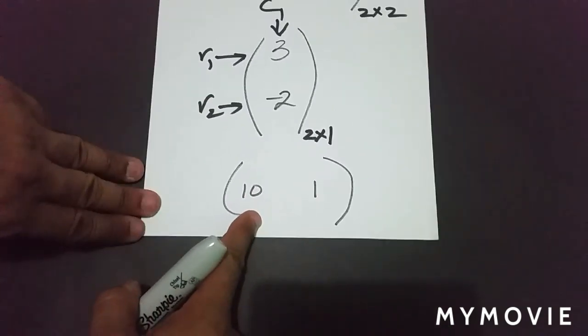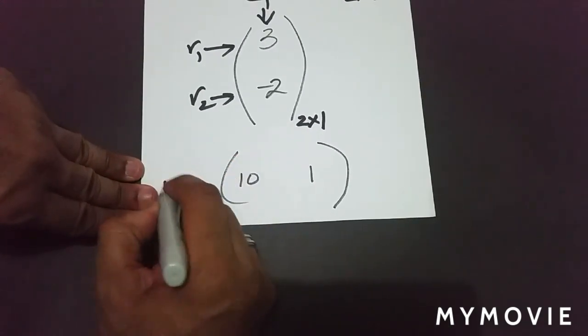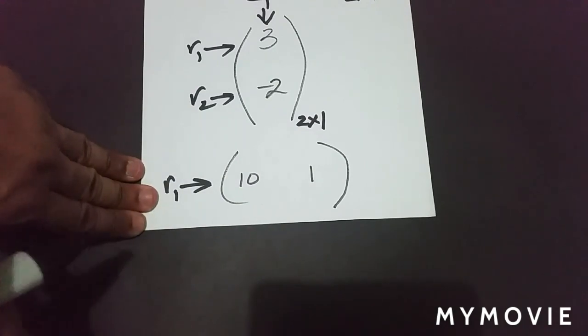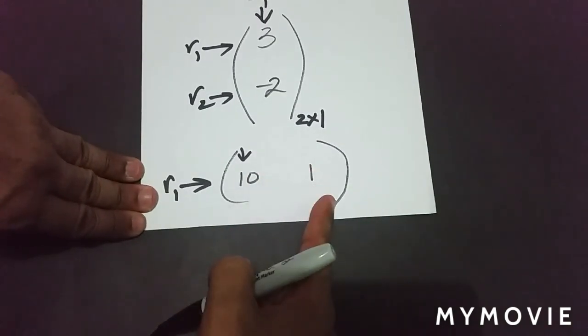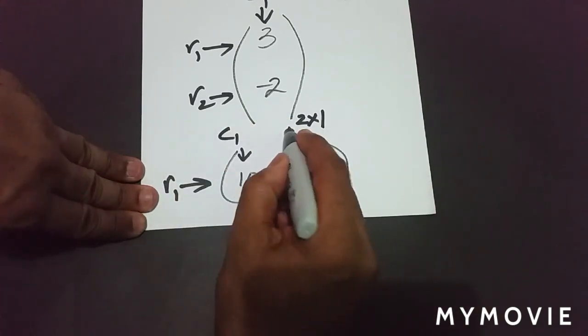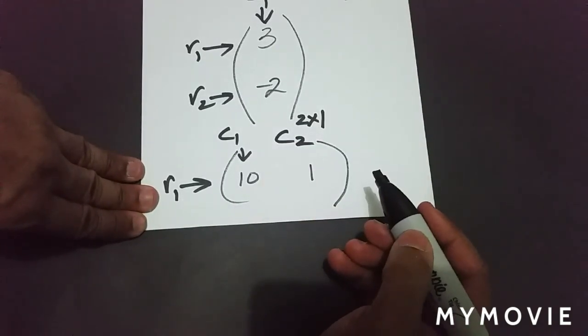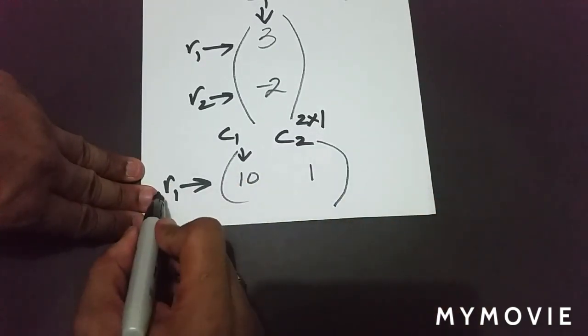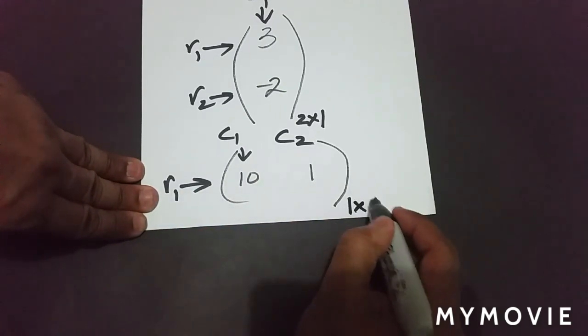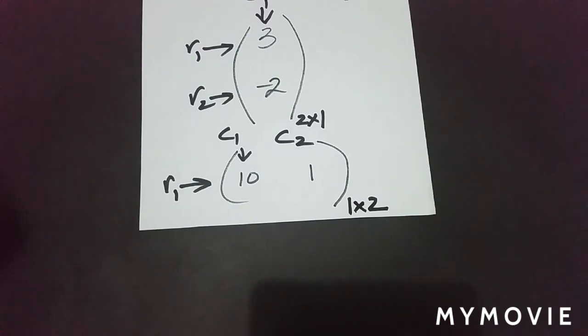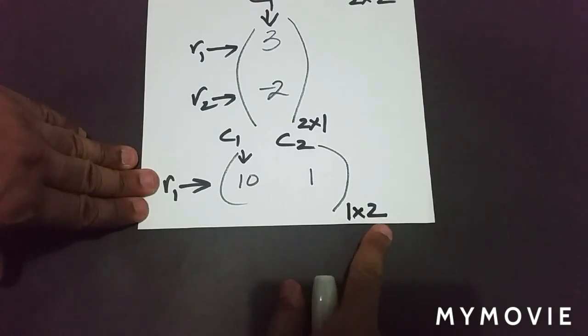But when you look at this matrix down here, you're clearly seeing that it's just 1 row. However, this is 10, there's a big space there, and this is 1. So this is column 1, and that's column 2. So the order of this matrix, it has 1 row, so 1 comes there, and 2 columns. So it's a 1 by 2 matrix. So the order of that matrix is 1 by 2, which means 1 row and 2 columns.